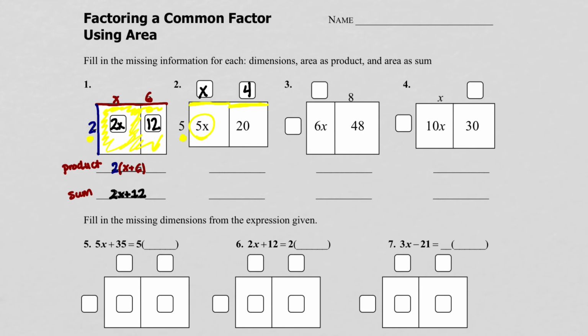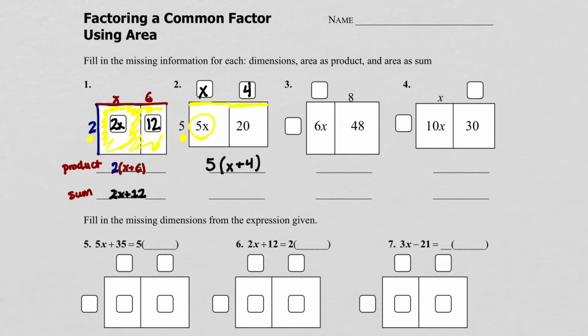All right, now I have all that information. If I want to write it as a product, well, what is the height of that? The height of that is 5. And I want to multiply it times the whole base, the whole length, and that is x plus 4. It's not just x and it's not just 4. It has to include both of those to make it the whole length.